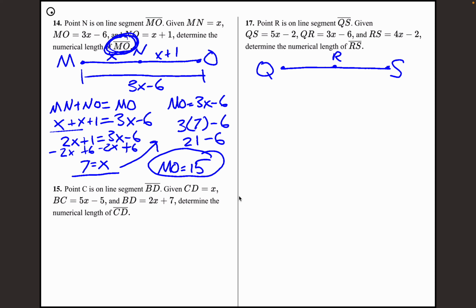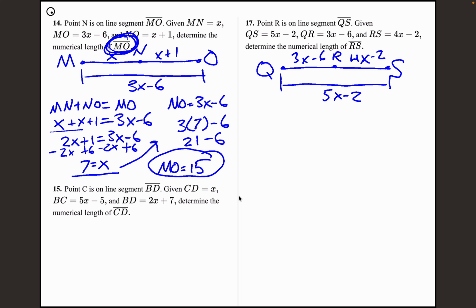Now I can plug in my values. QS is our whole value, and that's 5x minus 2. QR is 3x minus 6. RS is 4x minus 2. Go ahead and get all that written down because this is a lot more information than the previous problem.